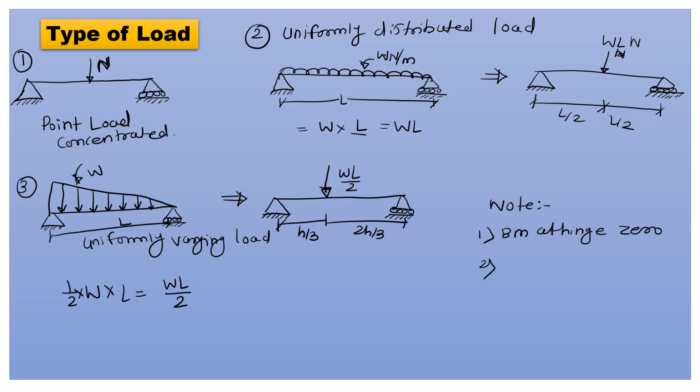And next, the point of contraflexure occurs in an overhanging beam. We'll discuss the point of contraflexure and bending moment in a further session. But here remember these two points: the bending moment at a hinge is 0 and the point of contraflexure occurs in an overhanging beam.